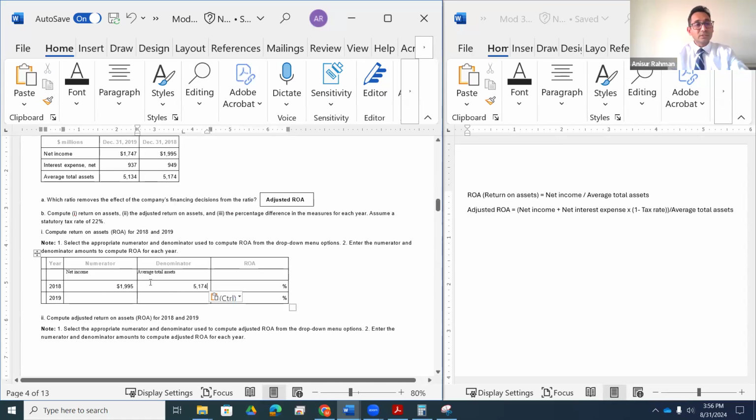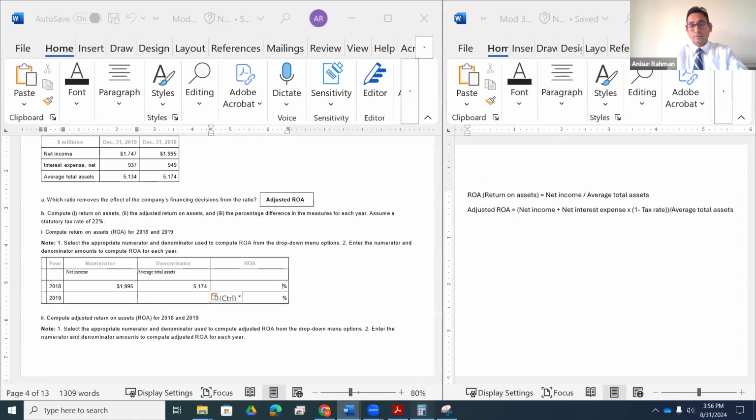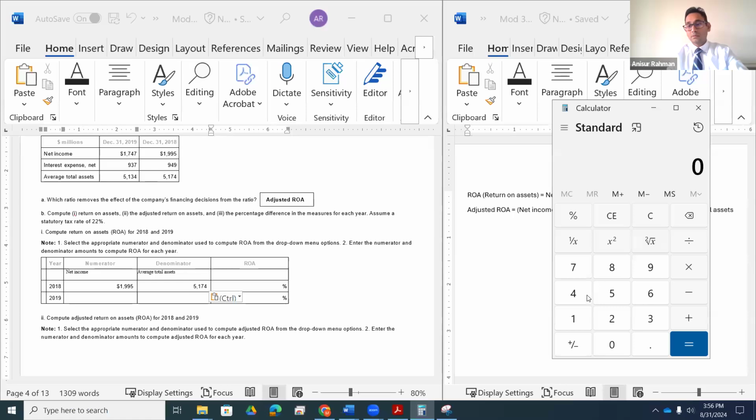So we are calculating return on assets. In percent, so 38.56%.